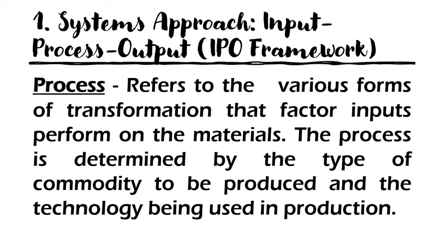So basically, kung literal lang siya na process, ito yung mismong actual na process ng pag-create or yung pag-transform ng intermediate inputs using the factor inputs para ang raw materials ay maging final output or maging finished product na natin. Okay? So, yun po yung process.